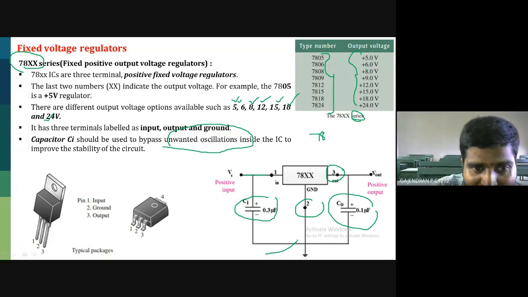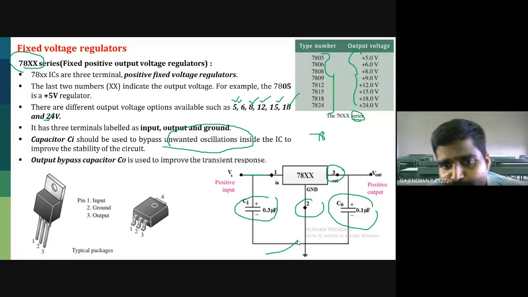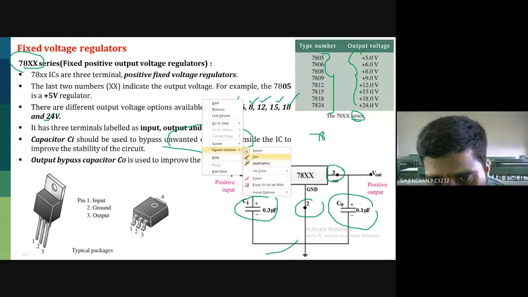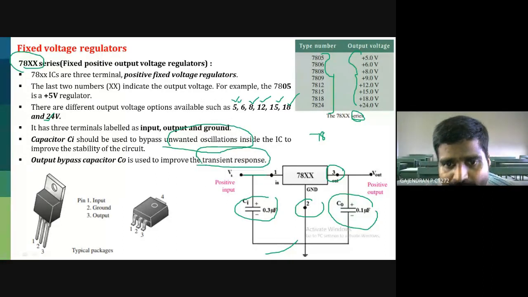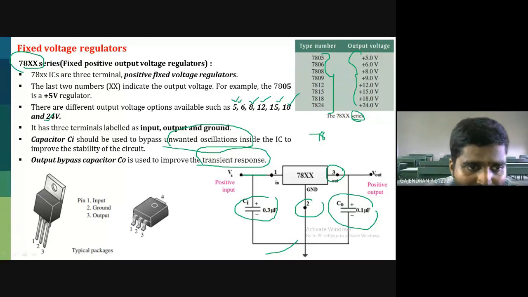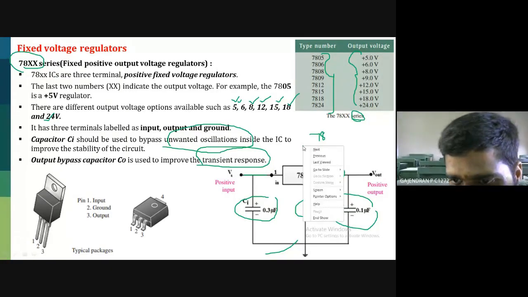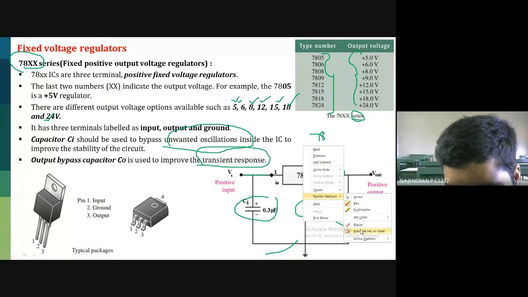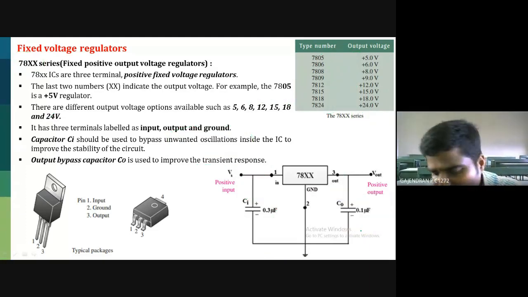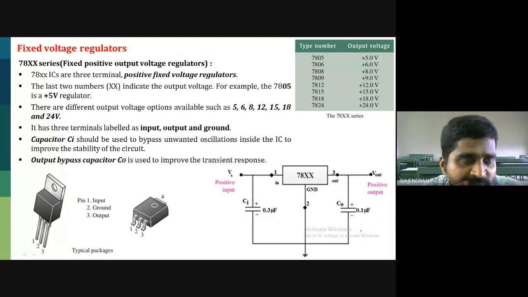Then the output capacitor improves transient response. Have you noted both? So this is regarding your positive voltage regulator.